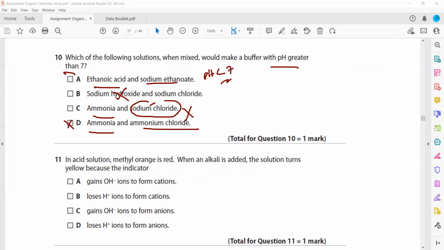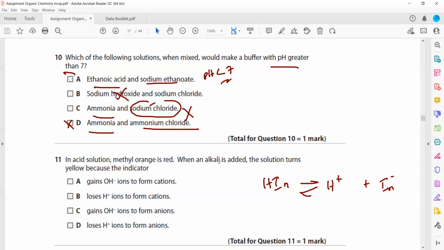In acid solution, methyl orange is red. When alkali is added, the solution turns yellow, because indicators are basically HIn. This is a representation of an indicator molecule, which is also a weak acid that dissociates to H plus and In minus.